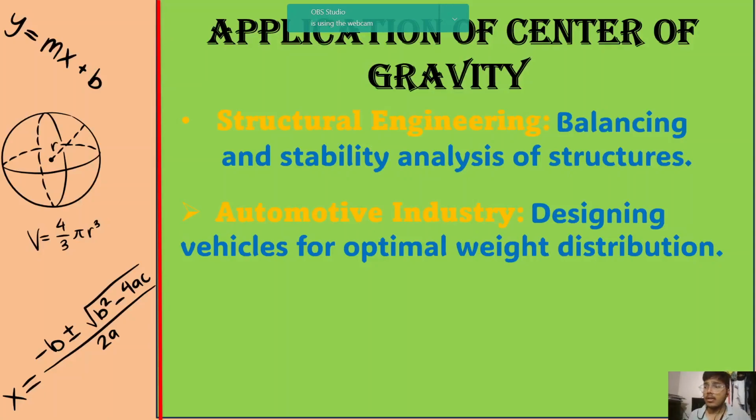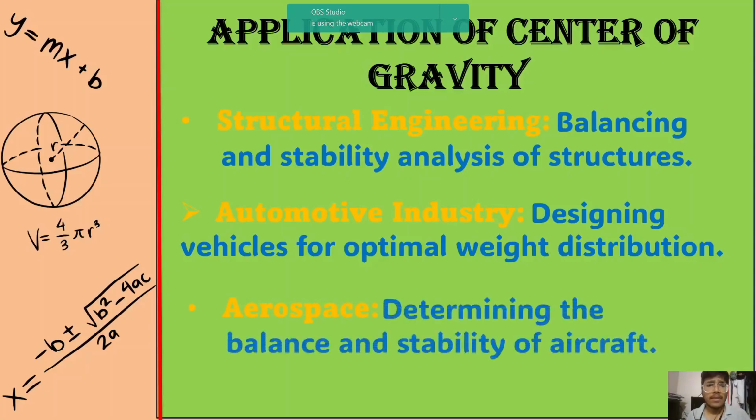Engineers check the stability and analyze the balancing when they are dealing with the creation of structures. And of course, many of us are interested in automobiles. The automotive industry deals with designing vehicles for optimal weight distribution, so even they use it. So center of gravity is very important.